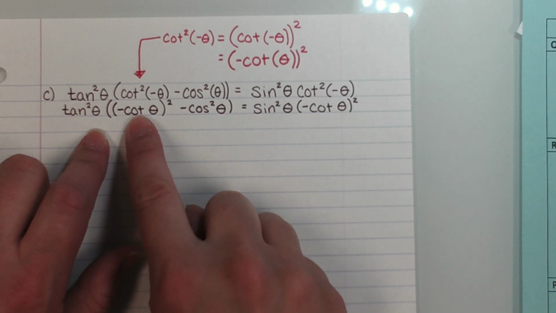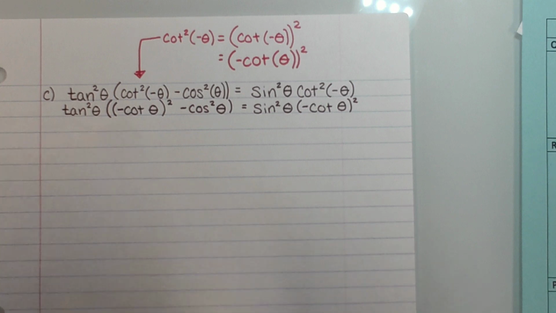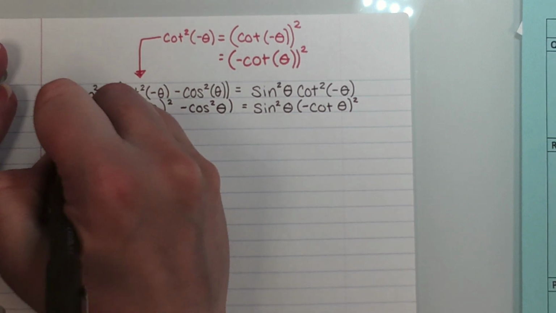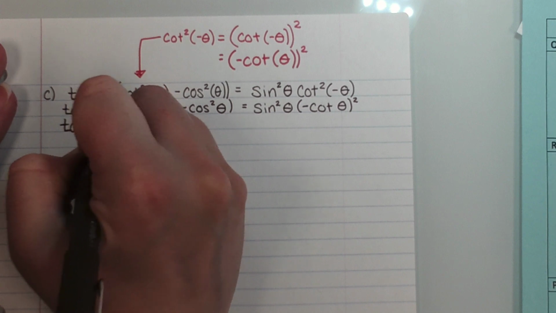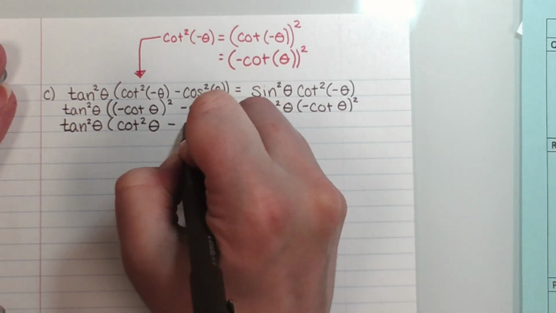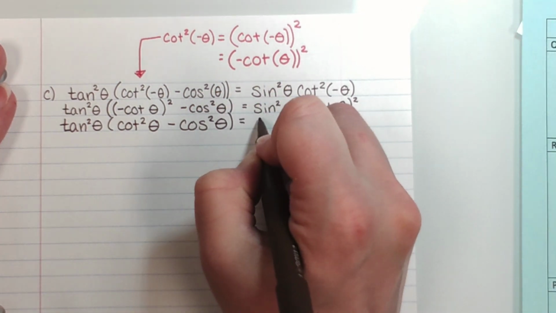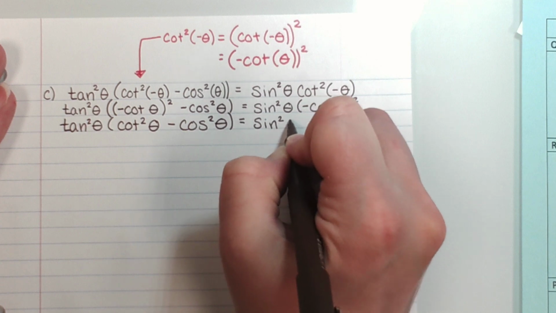Negative cotangent getting squared. A negative squared is positive. Tangent squared theta. This is a positive cotangent squared theta. Same thing on the other side.